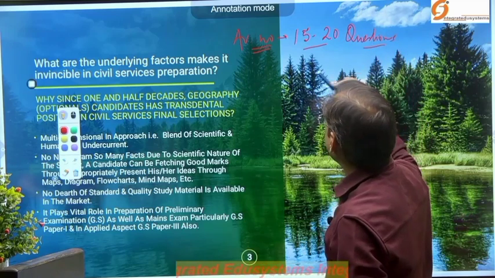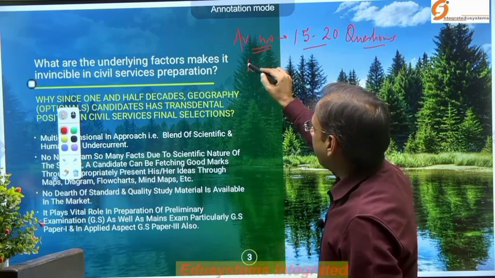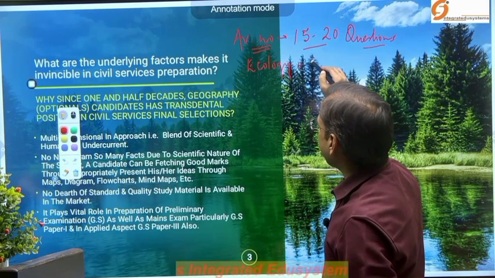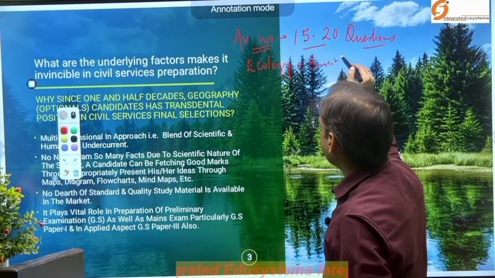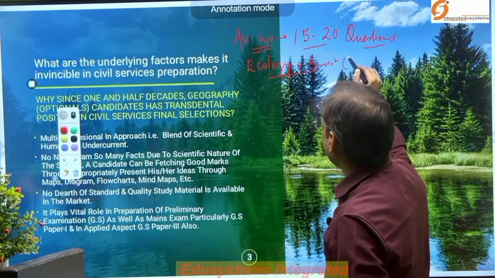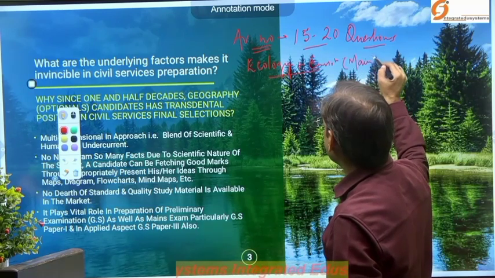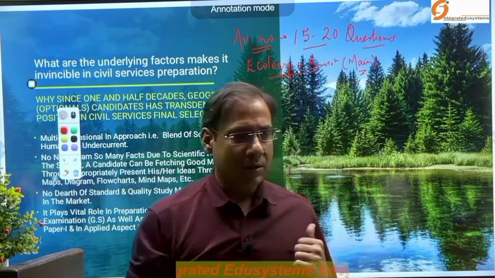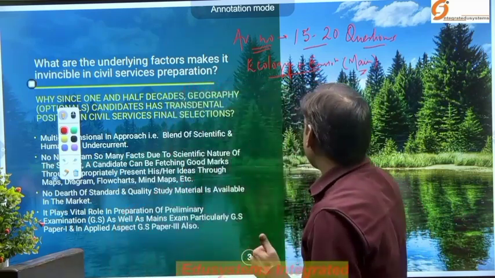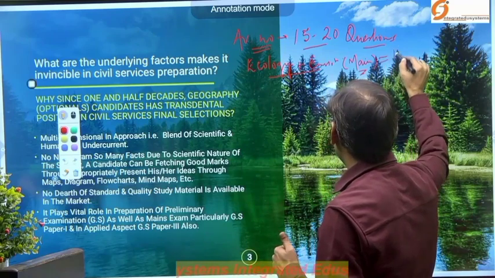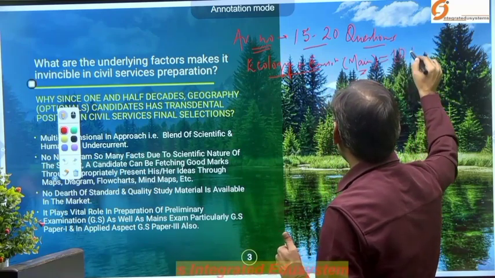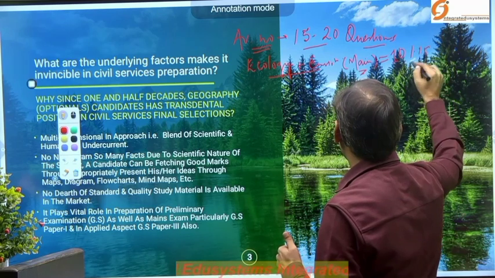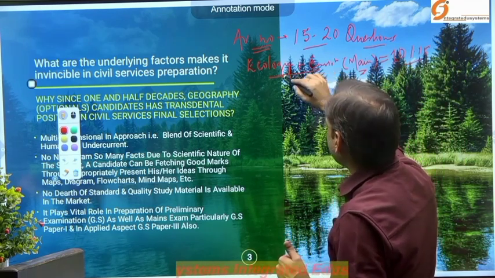And ecology and environment is also part of the syllabus, and it is also in the mains. Certain sections of ecology and environment you have to learn for the mains. On an average, I have found that 10 to 15 questions appear from ecology and environment.